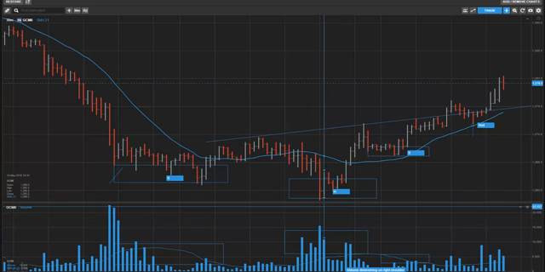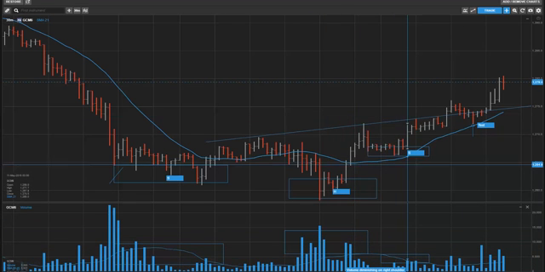We got a very high volume on this head, and then on the right shoulder, look at the volume, so much lower than the head. It confirms that there is no professional money involved in the selling. There is no selling pressure at this stage, and in this scenario we just wait for a breakout of the neckline, which is this one here, and a successful retest of the neckline, and this was a successful retest.